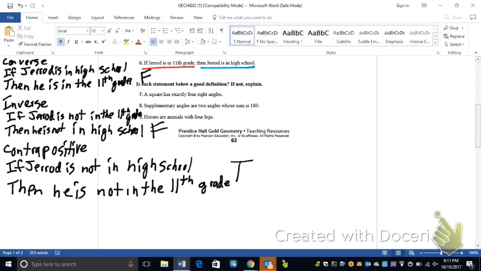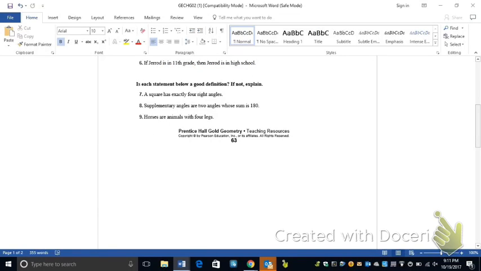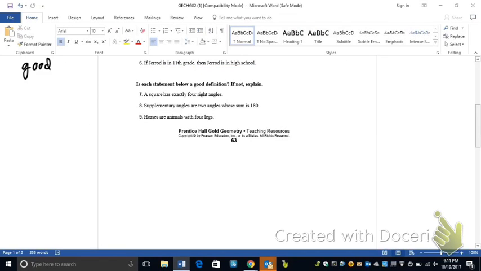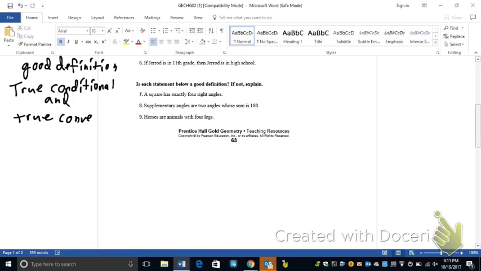Okay? So, let's keep going. I'm going to pause a little bit here. I want to explain what a good definition is, and then I want you guys to try out 7, 8, and 9. A good definition is what you get when you have both a true conditional and a true converse. So look at 7, 8, and 9, all of them, and view them as an if-then statement.